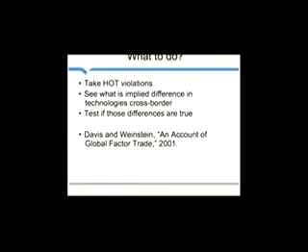Well, what to do? So there's now a whole new research program. What you can do is take observed Heckscher-Ohlin theorem violations, then see, given those violations, what is the implied difference in technologies across borders, and then you can do independent tests to see if these differences are in fact true.